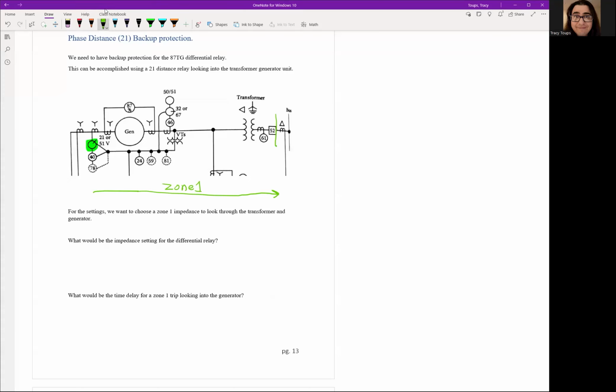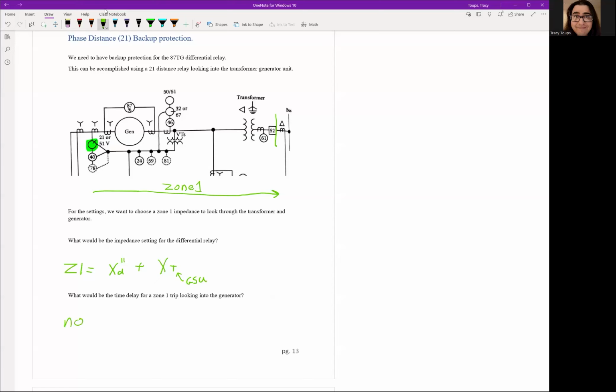So let's have a zone 1 looking out into the system with a limit where we want our Z1 to be the impedance of the generator right here, plus the impedance of the transformer XT, where this is our GSU. Okay. That way, if there's ever a fault within the transformer or the generator, our 21 relay should pick it up in case all of our differential zones fail.